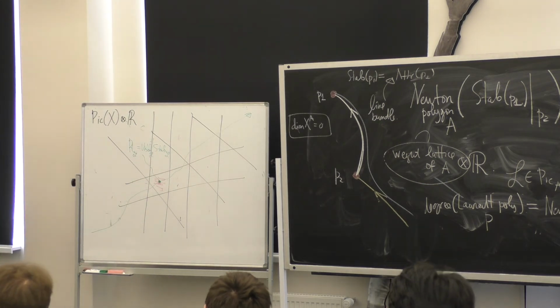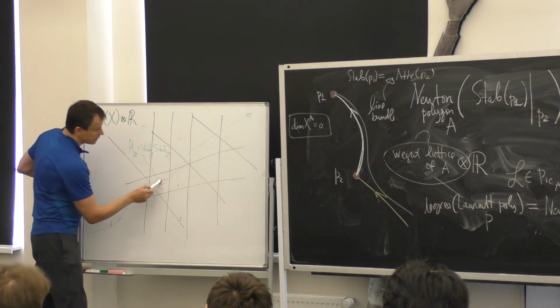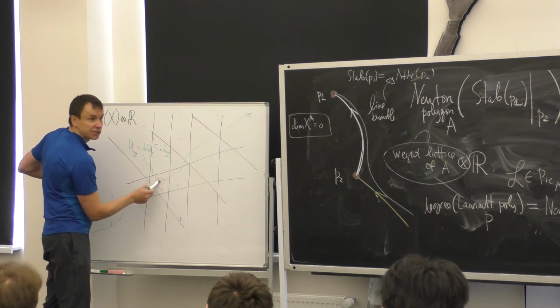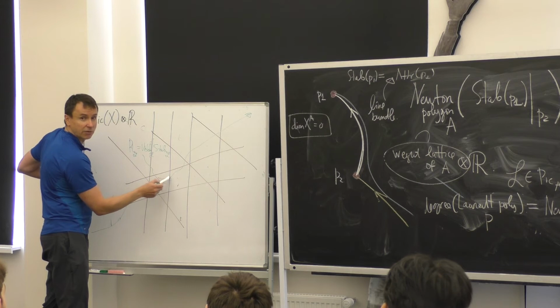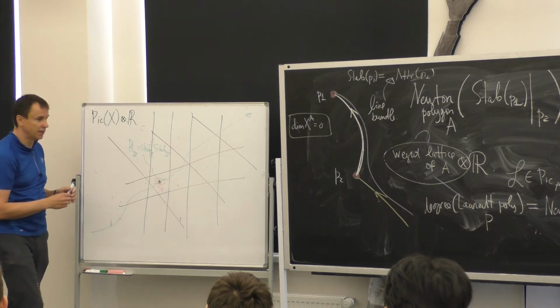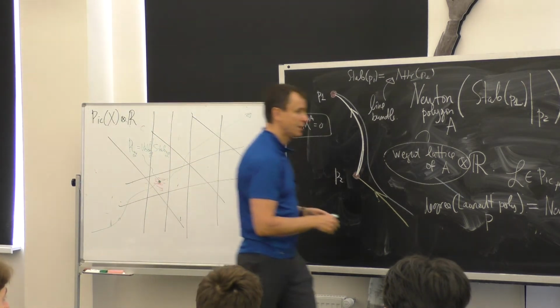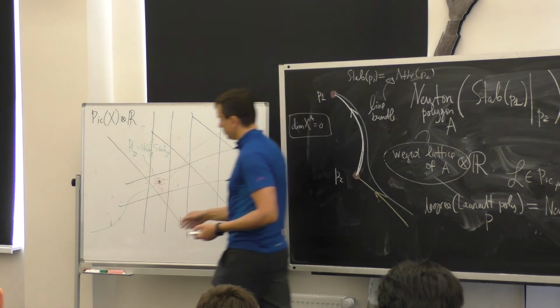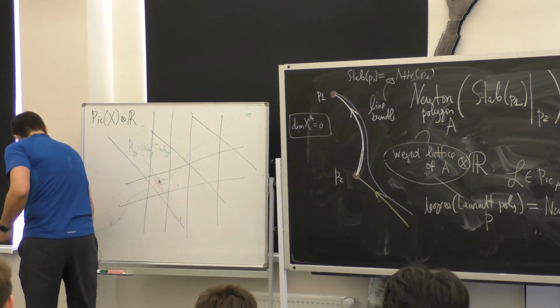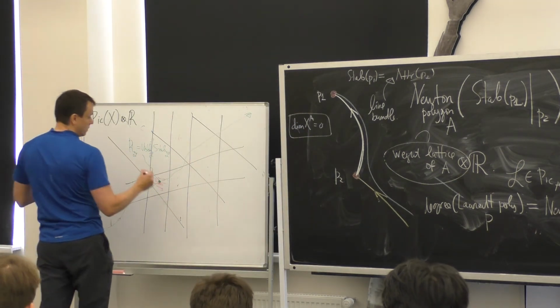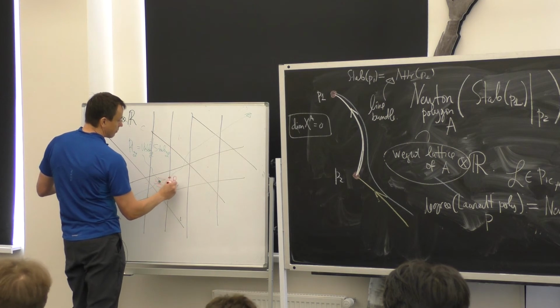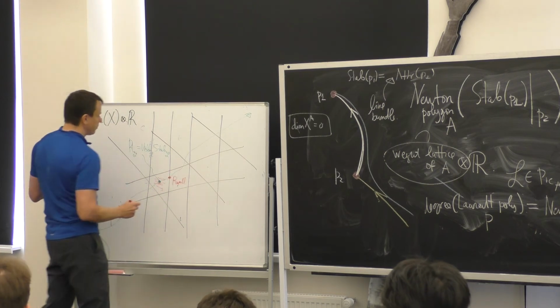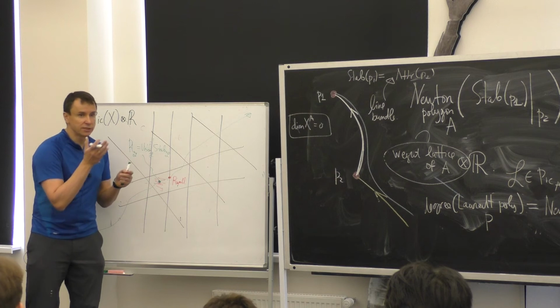And if you want to compute it, you might as well first see how the R matrix changes if I cross the wall. If I cross the wall, it changes also by a solution of the Yang-Baxter equation. There's some R wall in which you don't change the attracting direction.